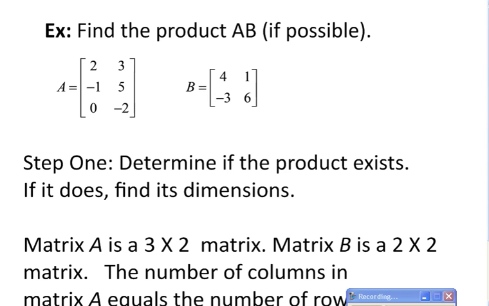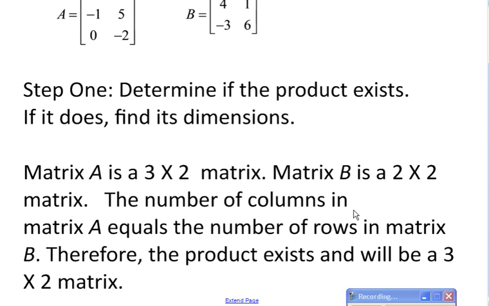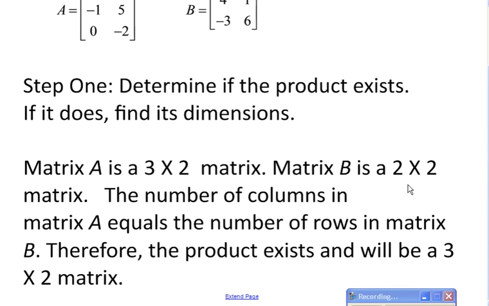All right, here's an example. Find the product of AB, if possible. The first step is to determine if the product exists. You have to take the dimensions of each matrix and compare the middle numbers. In this case, the number of columns in matrix A equals the number of rows in matrix B. Therefore, the product exists.